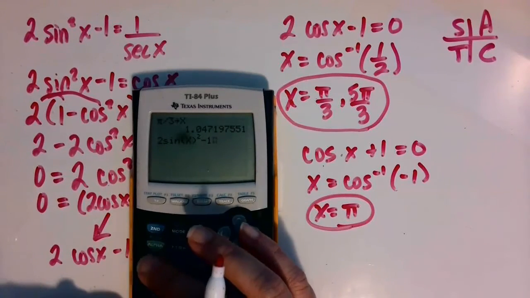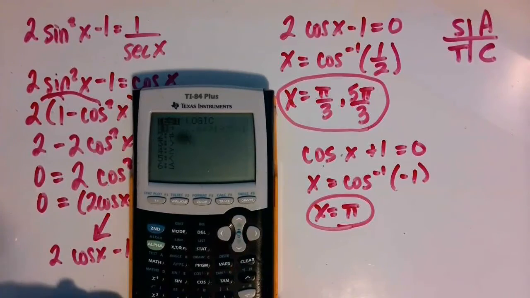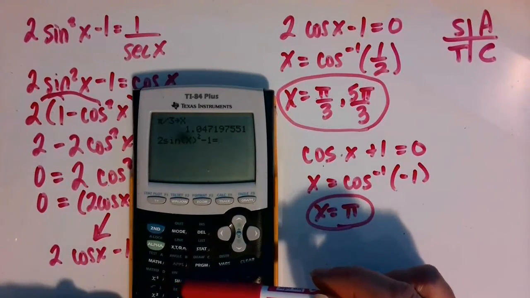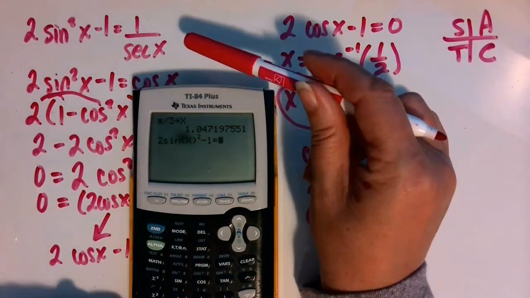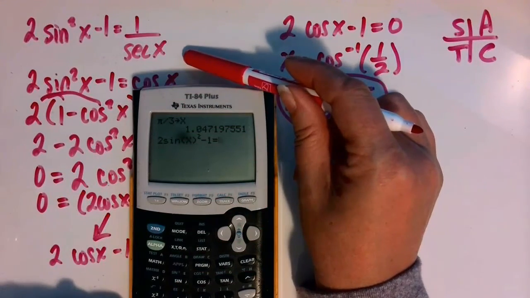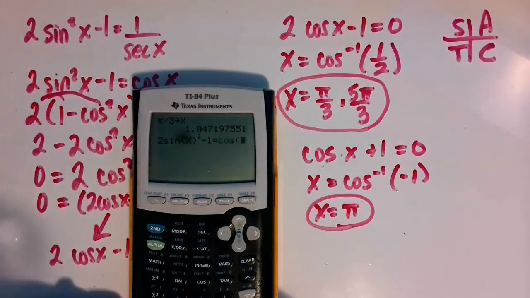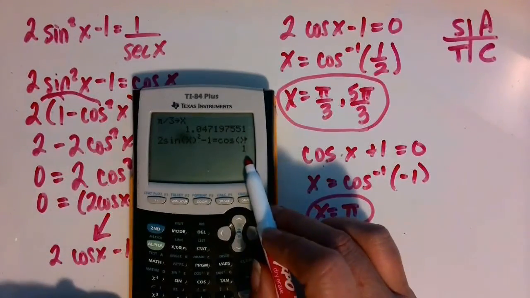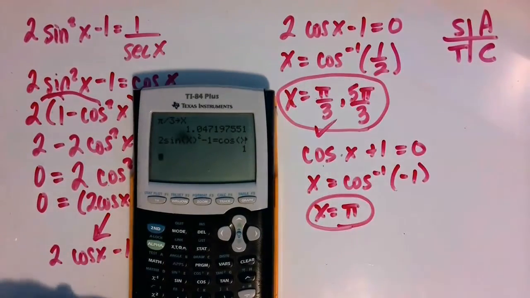Then we need the equals from the test menu, and there is no button on the calculator for secant, so we're going to use the reciprocal identity. 1 over secant is the cosine. Okay, we press enter, we get a 1, which tells us that pi over 3 checks.